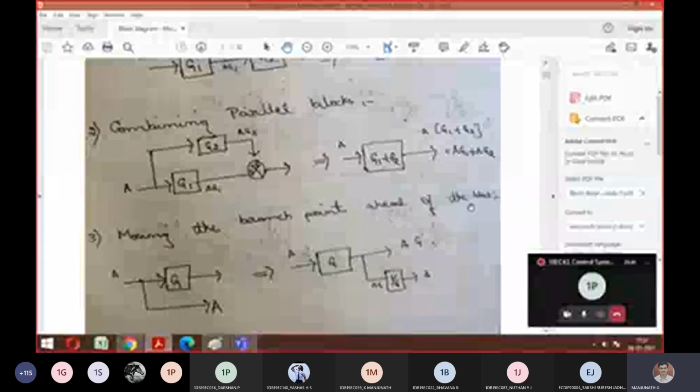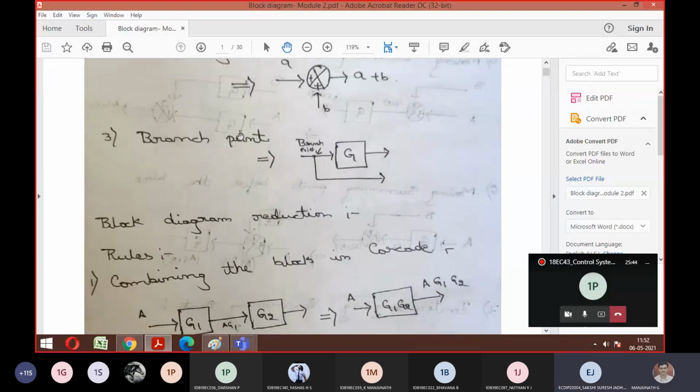What is the other name I told for branch point? Take away point. Good. Few textbooks will say branch point, few will say take away point, so you should not have any confusion. In the exam, whichever they give, you just stick to the procedure.